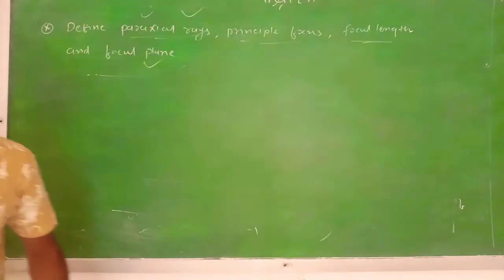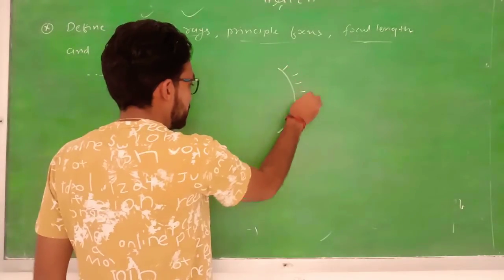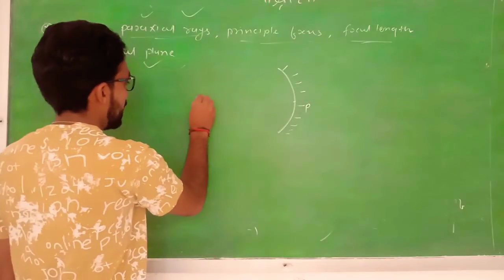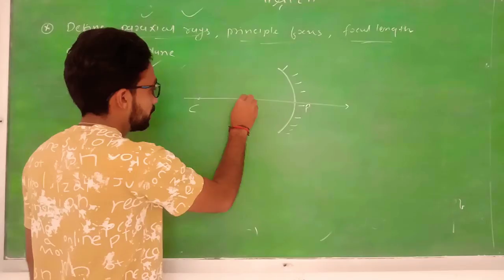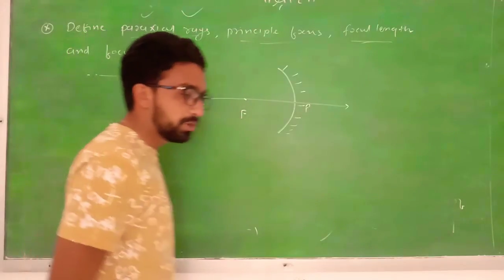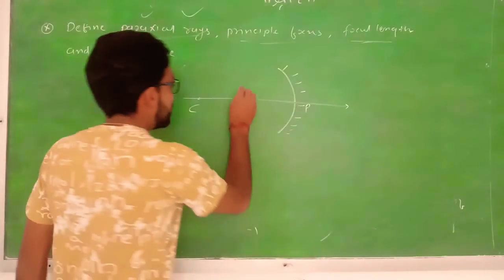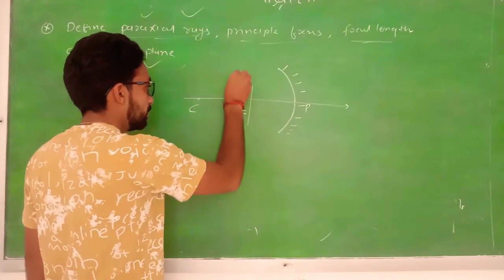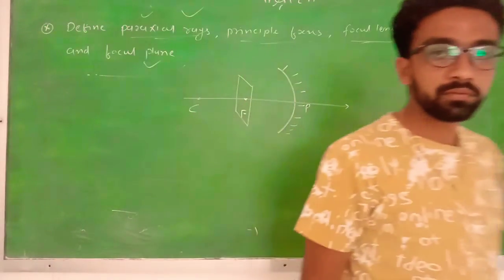Now, what is the focal plane? Here we have considered only a concave mirror. This is the concave mirror, this is the pole, center of curvature, principal axis, and this is the principal focus. Now consider one plane which is passing through this principal focus.